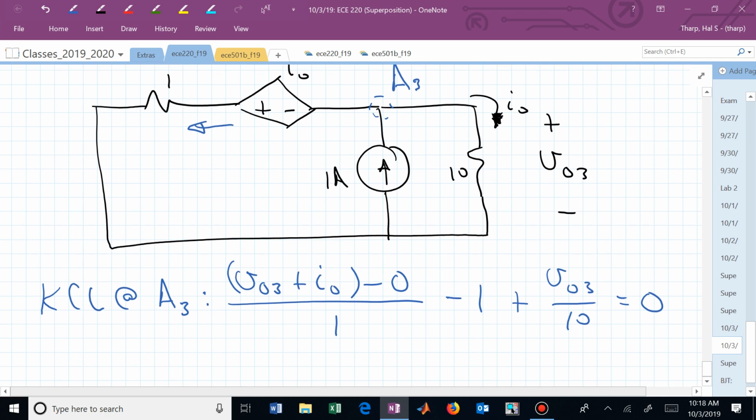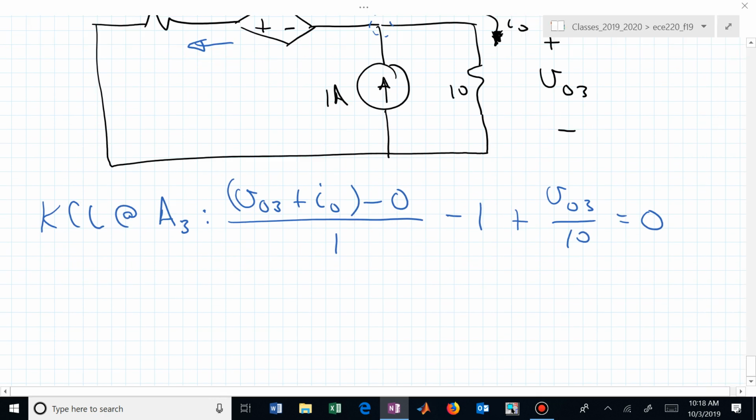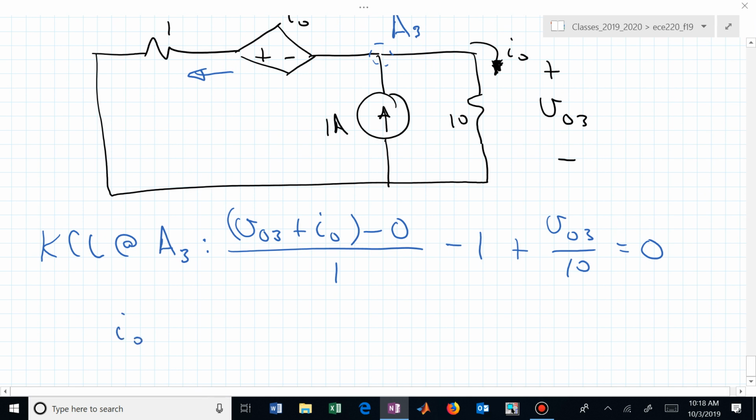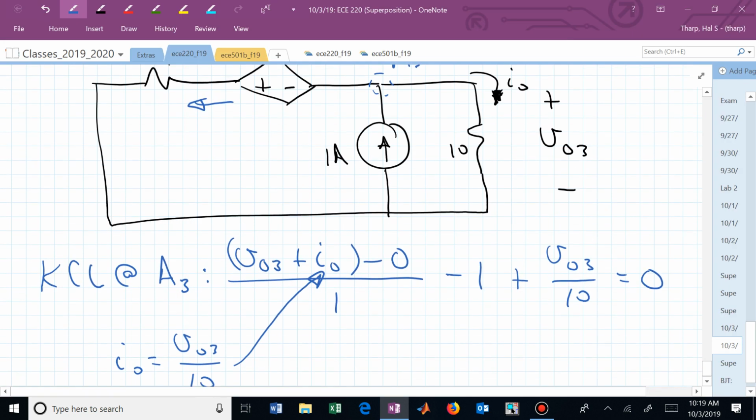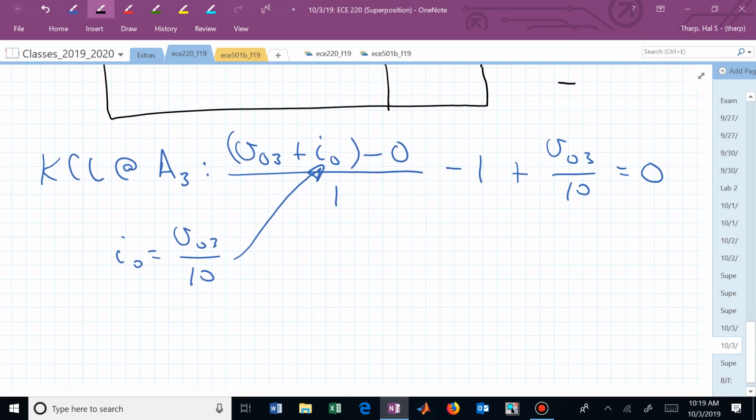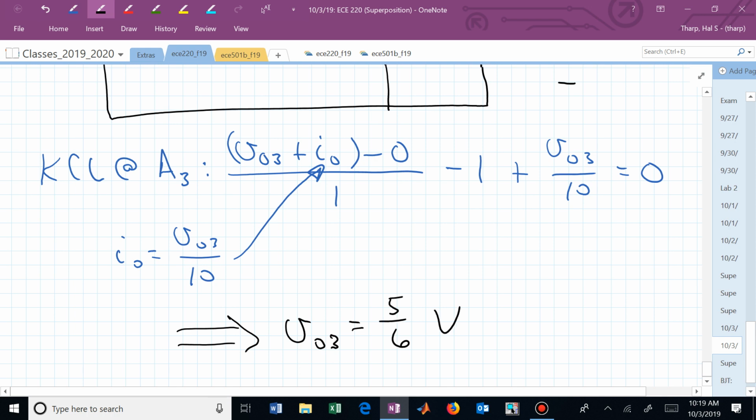And again, I sub 0 is V sub 0 3 over 10, and we can use that there. We now have V sub 0 3 from the third source to solve for, and if we solve for that, we end up with it being 5/6 volts.